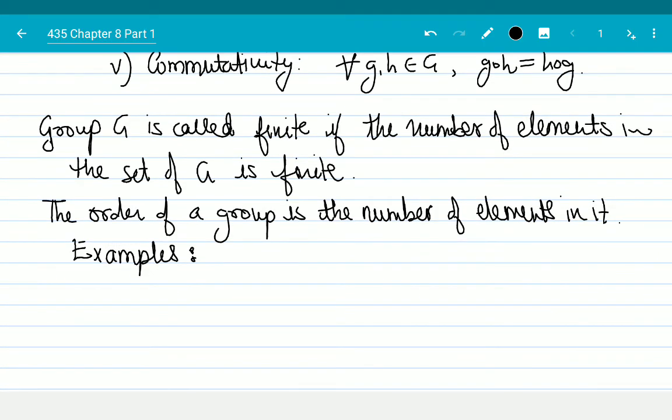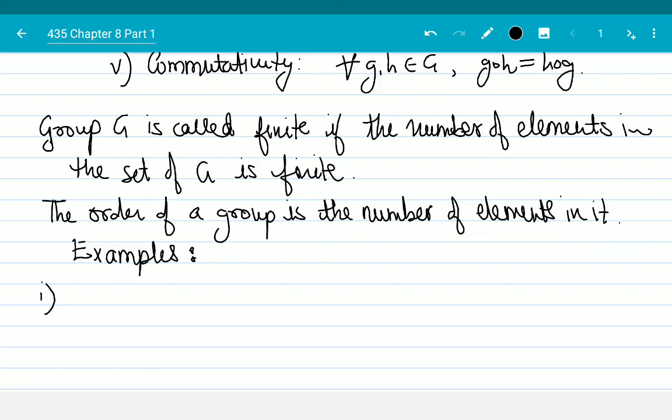A lot of examples. Most of the groups that you're going to deal with are going to be finite and abelian, where the number of elements is finite, and you have a times b is equal to b times a. Sometimes I'll refer to the operation as multiplication, sometimes addition, but it generally depends on the group.